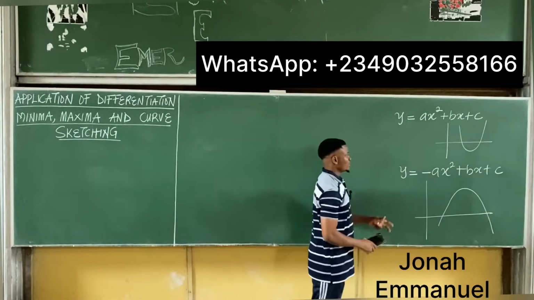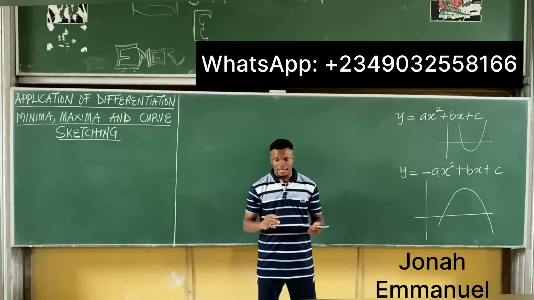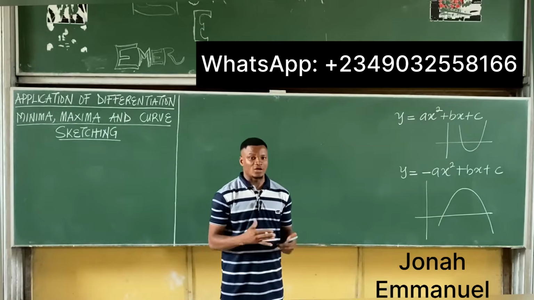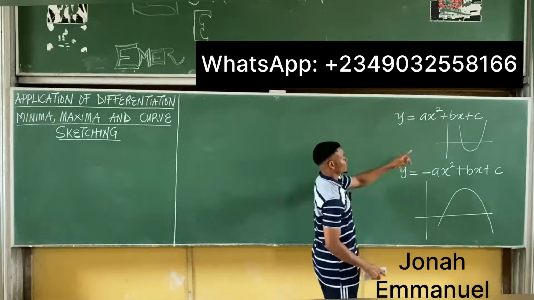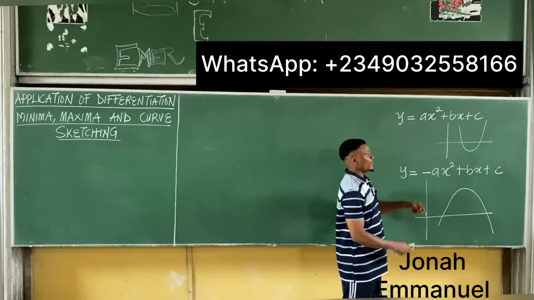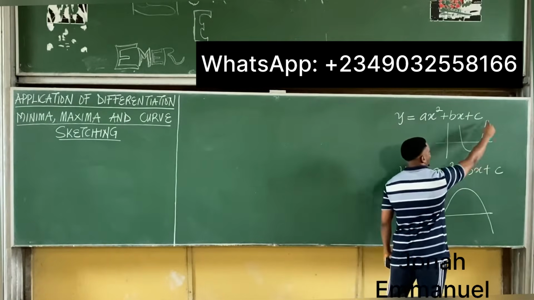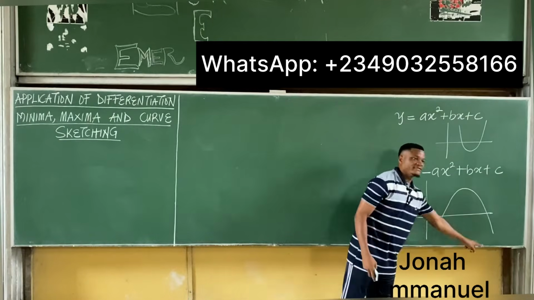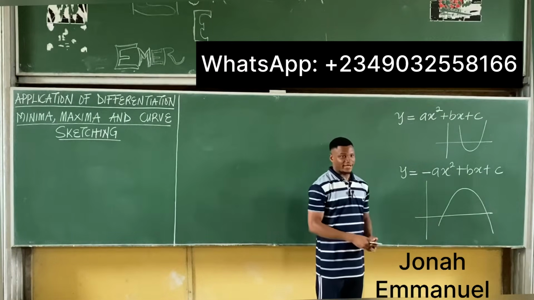All right, so this is like the major difference between the two different types of graphs of a quadratic equation, right? If the coefficient of x squared is positive, I will have a U-shaped curve like this, while if it is negative, I will have kind of like an inverted U or perhaps an N shape.